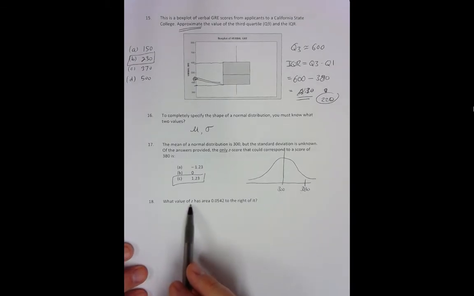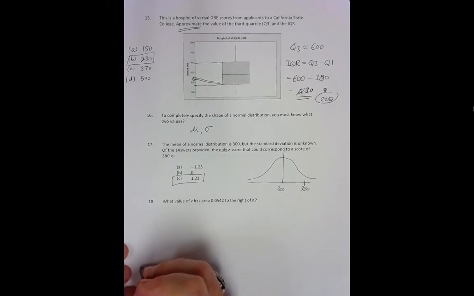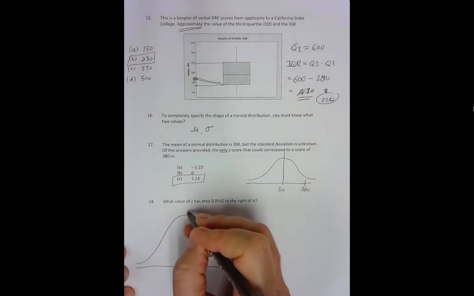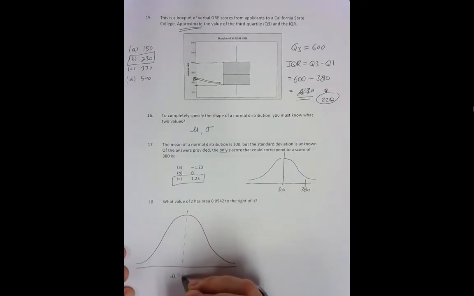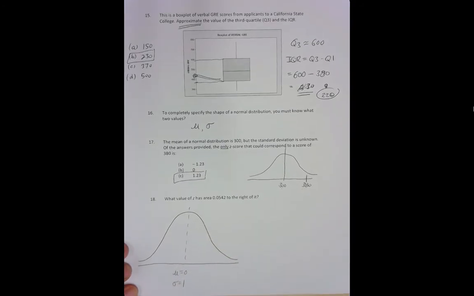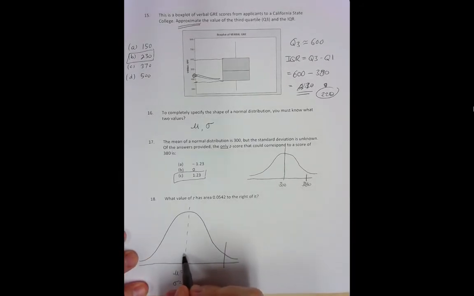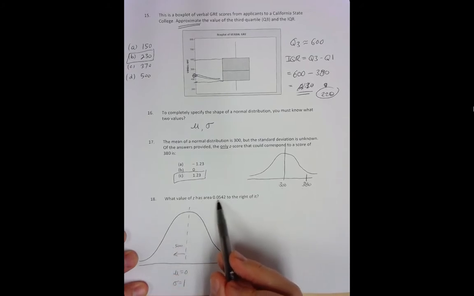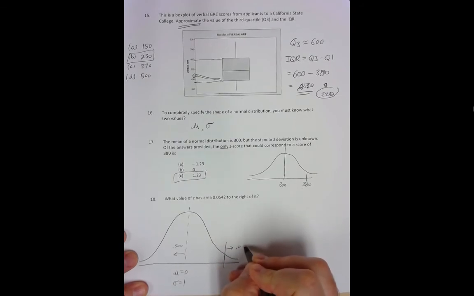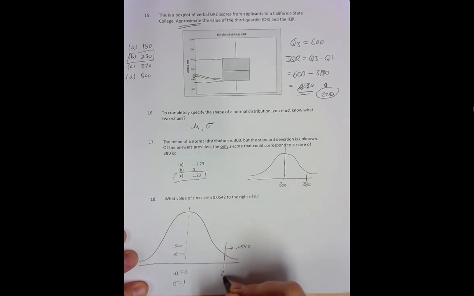Number 18, what value of z has area 0.0542 to the right of it? Guys, remember, z-scores have mean 0, standard deviation 1. So 0.05 is way up here because this is 50% below. And we want 0.05, so it's going to be a positive z-score.